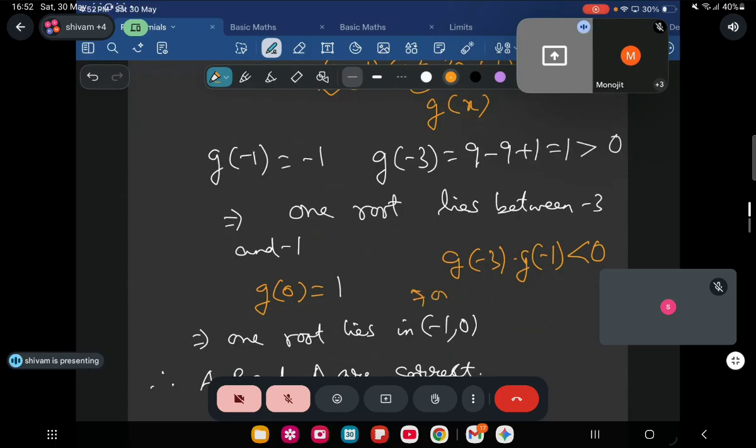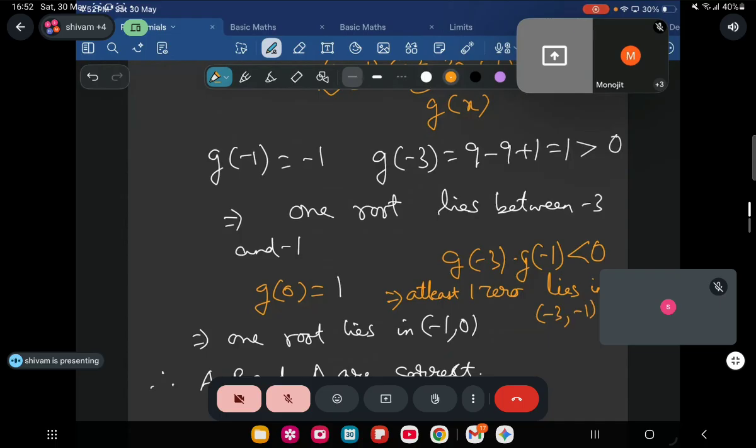This implies at least one root. But later on you will understand that exactly one root lies between -3 and -1.